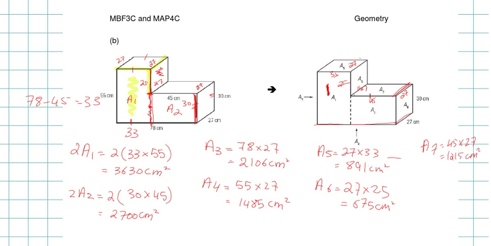And that will bring us to A8, and A8 is made of the 30 by the 27. Also, I have only one of them.